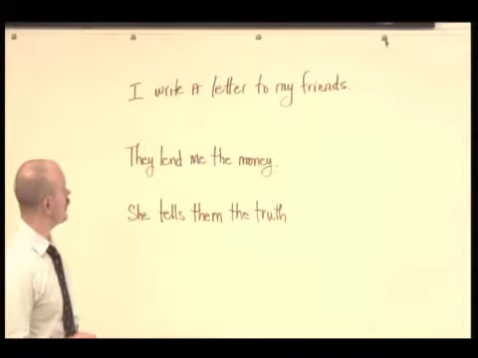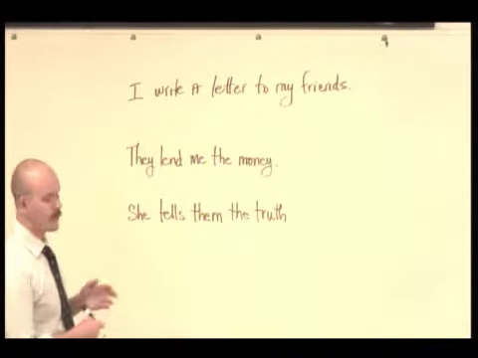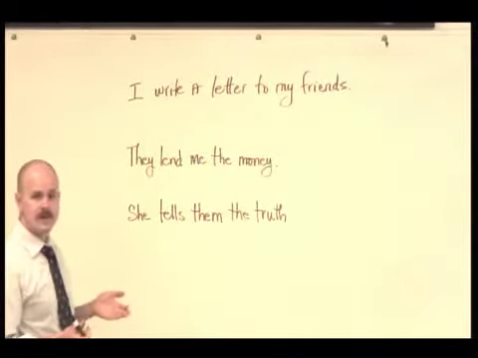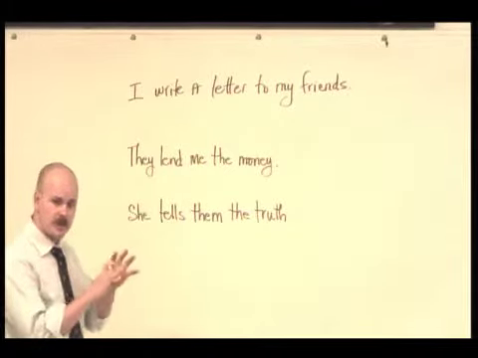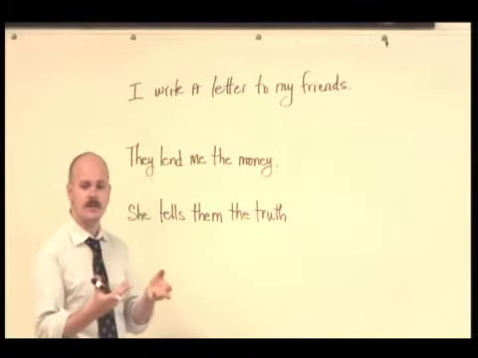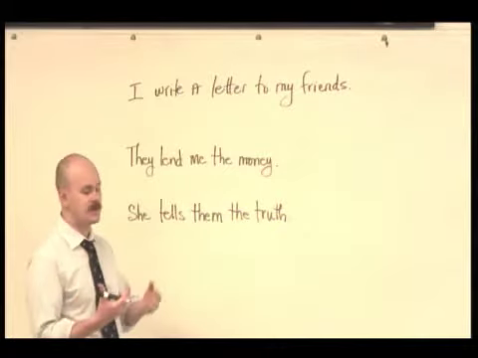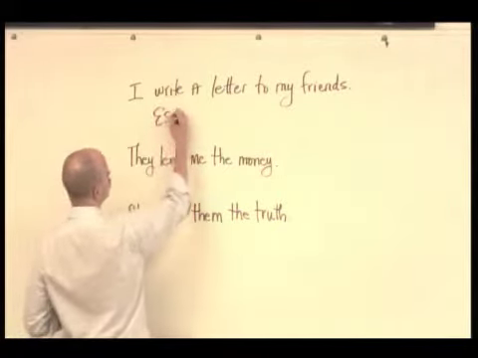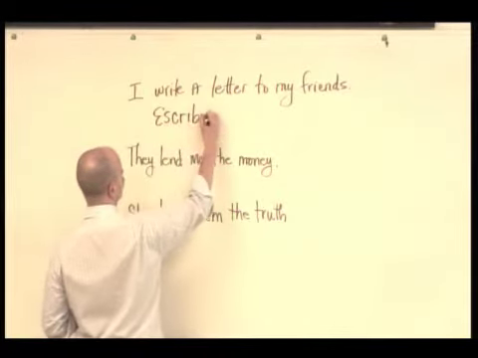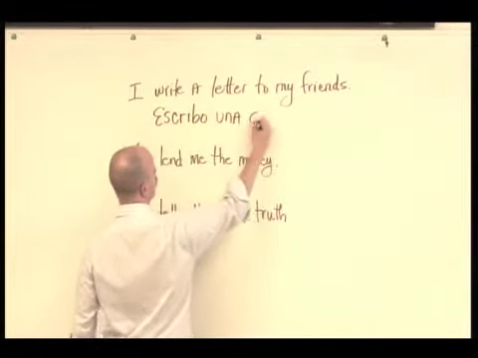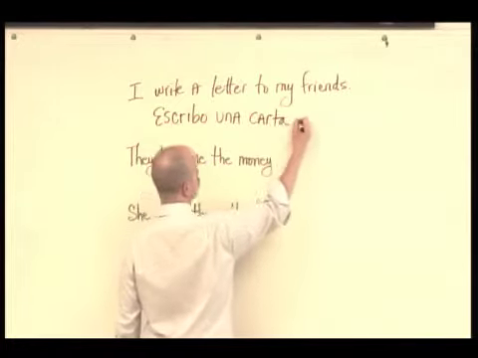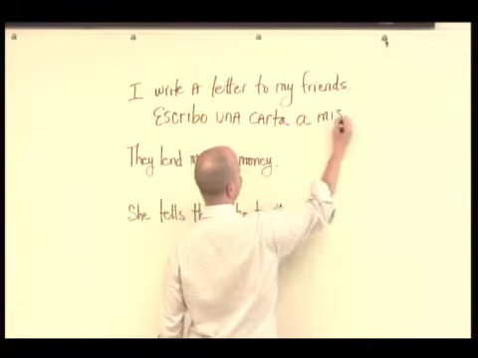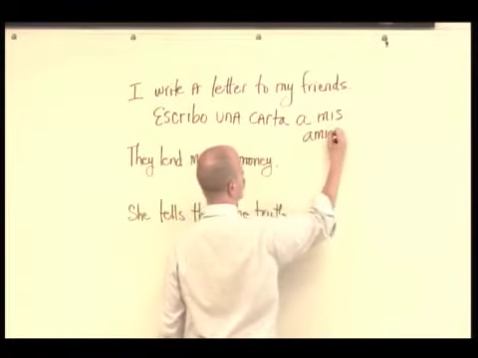So, I write a letter to my friends. One of the easiest ways to do this is let's not even put the indirect object pronoun in until we've written the rest of the sentence. This will help us as we start off. So I write would be escribo. A letter would be una carta. To my friends would be a mis amigos.